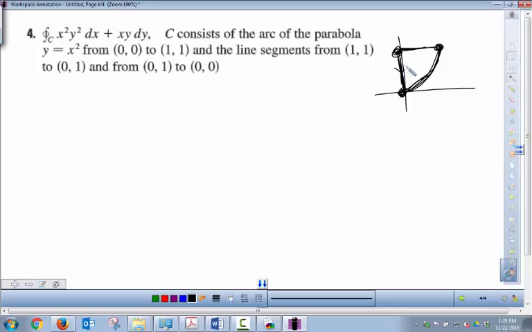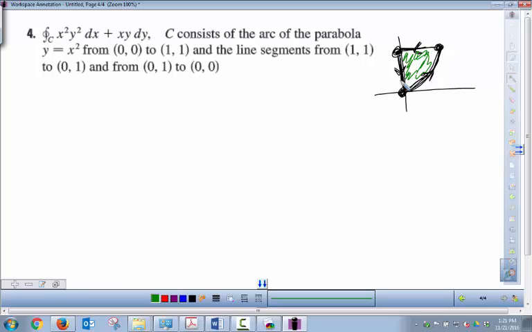And then when you're drawing this out, you should be able to show that this is a positive orientation, which is going counterclockwise. And exactly the way they described it there, in fact, it is going counterclockwise. So we can identify the region inside when we eventually think about using Green's theorem.